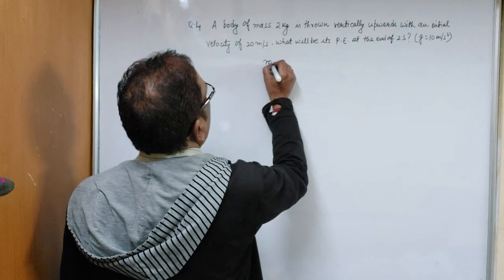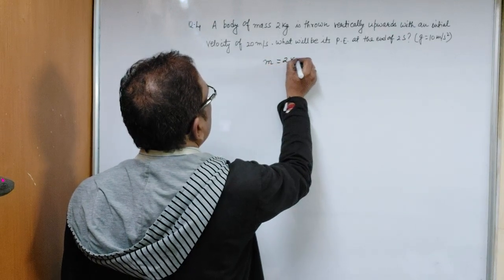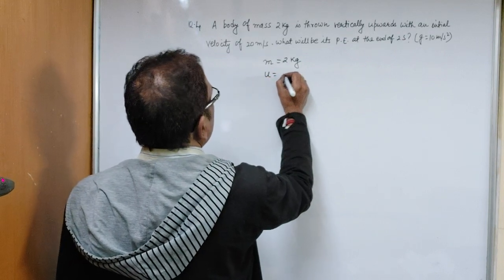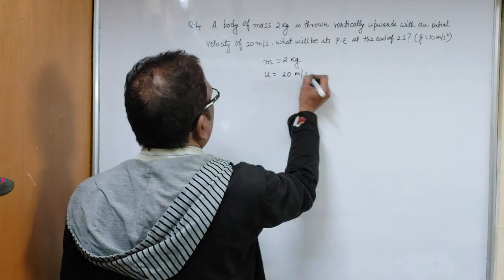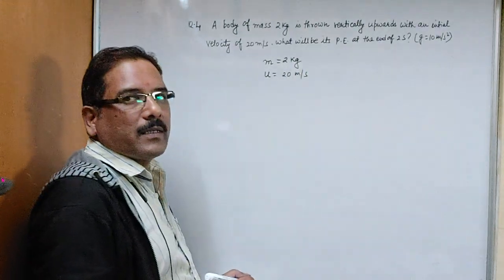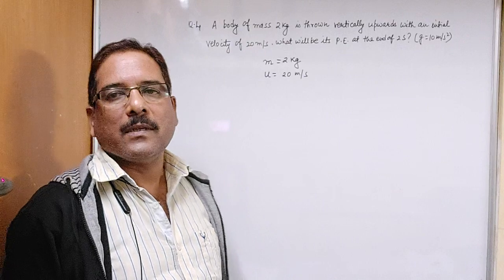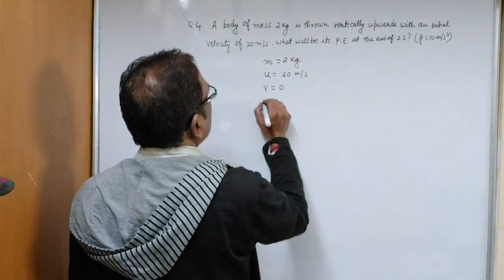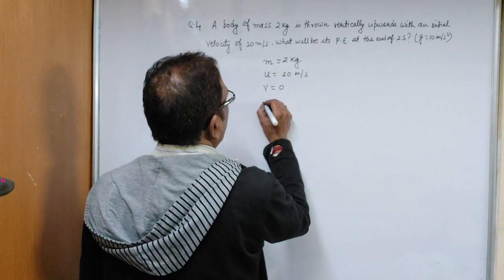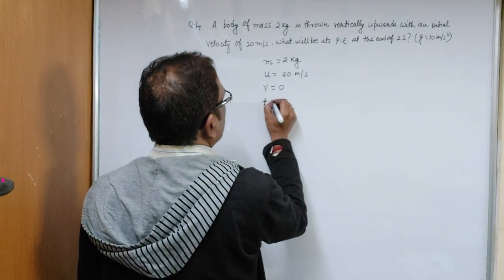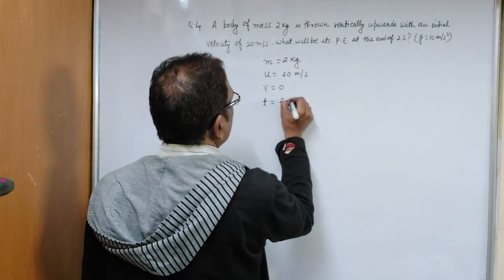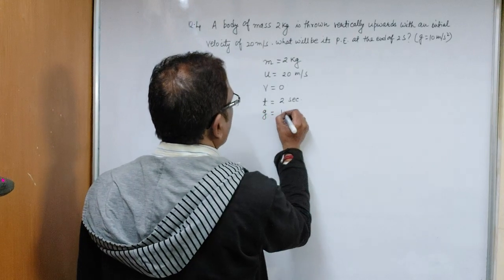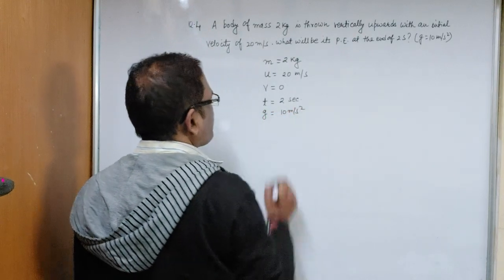So the given things are mass 2 kg, u is given, initial velocity is 20 meter per second, and we know that whenever an object is thrown upwards, its final velocity is 0. So v is 0, and you have to calculate potential energy at the end of 2 seconds. So time is given 2 seconds, g is given 10 meter per second square.